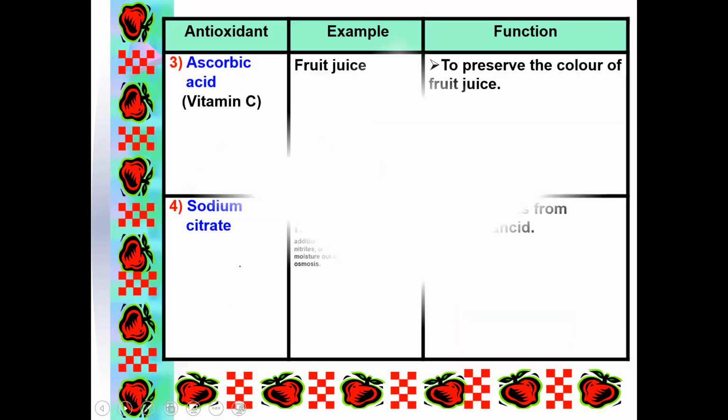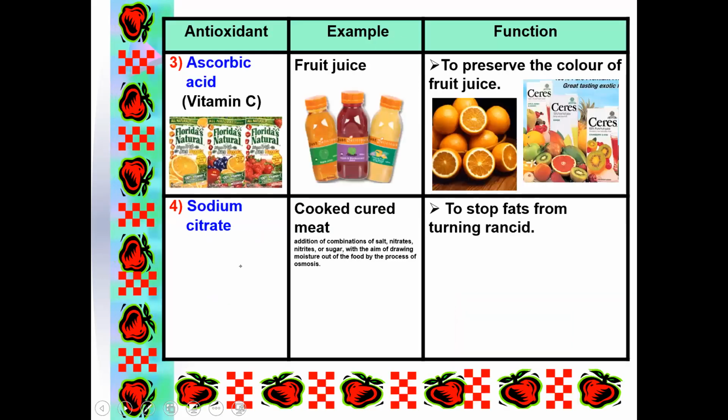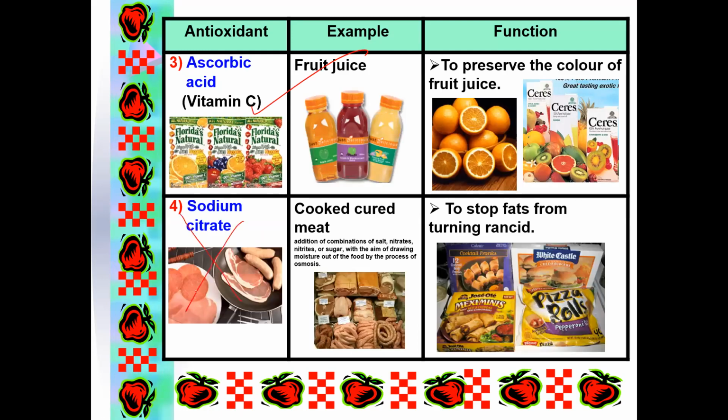Ascorbic acid, vitamin C, goes into fruit juice. This one's all right. I want to preserve the color of the fruit juice. Sodium citrate, not good. Normally we put it in cooked cured meat, where you add so many things inside, because I want to take out the water from the meat and stop the fat from turning rancid. Why is it bad?